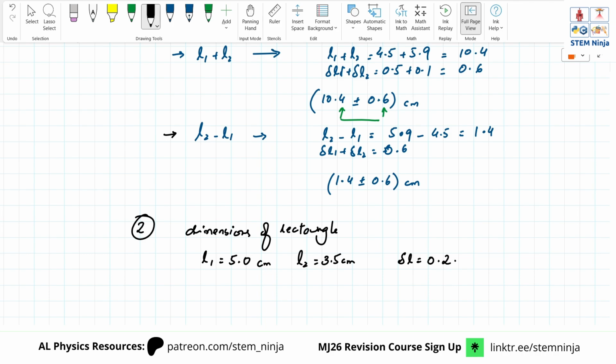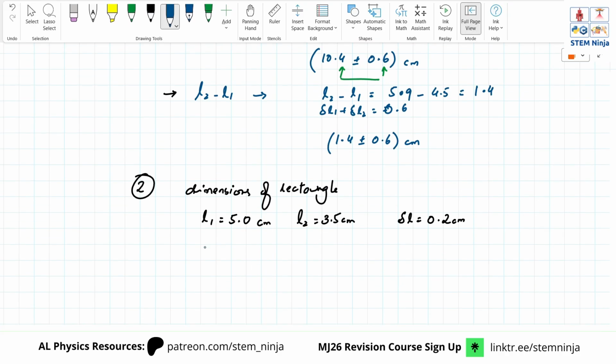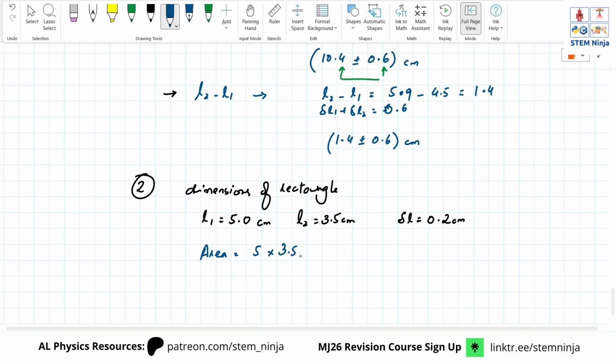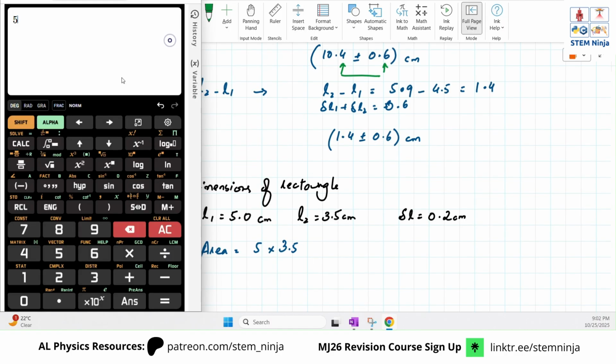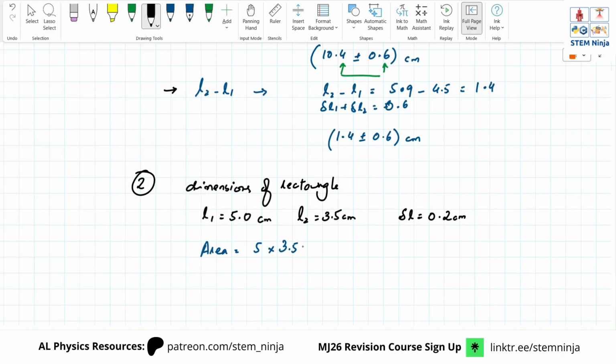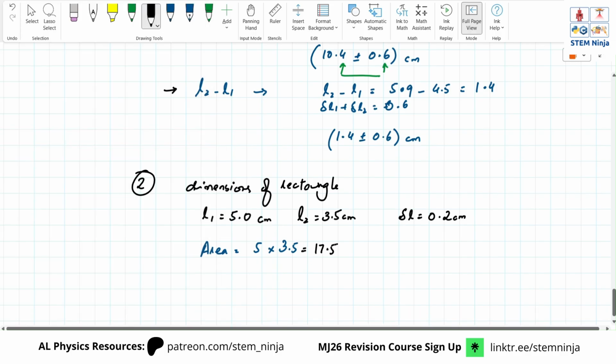Let's call it 0.2 centimeter. So we need to find out the area. Area is length times other length, so 5 times 3.5, that would be 17.5 centimeters squared.